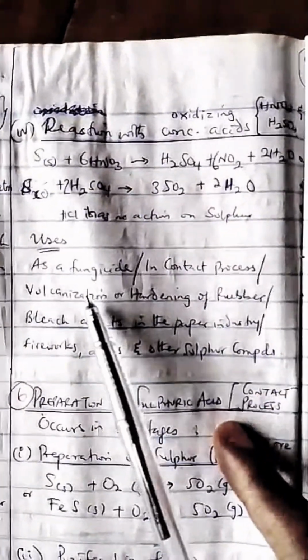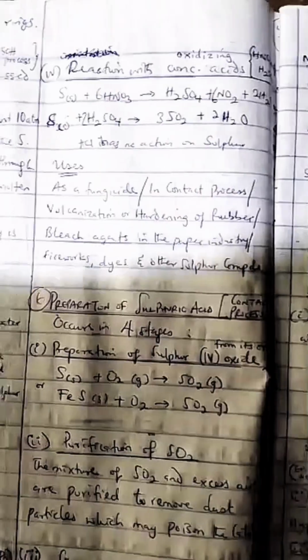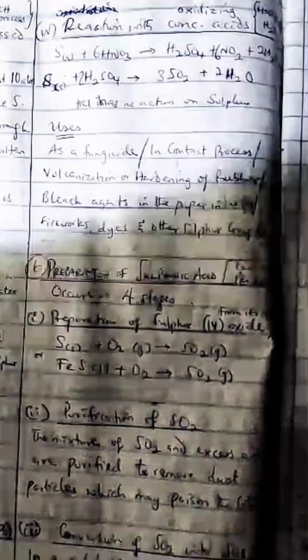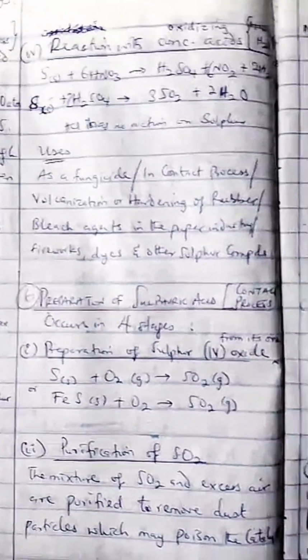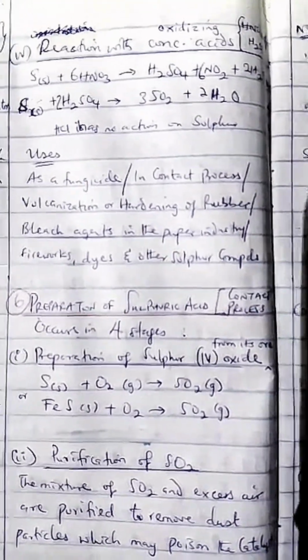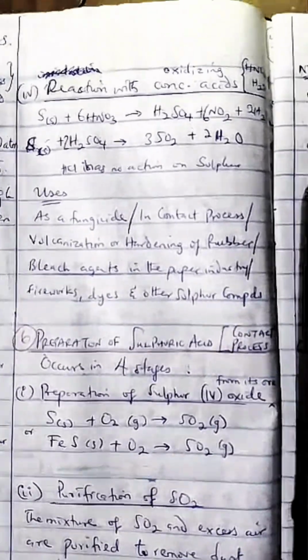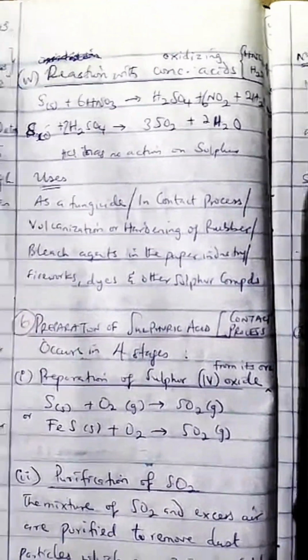Uses of sulfur include as a fungicide, and in the contact process. The contact process is the name for how sulfuric acid is prepared. We'll look at the contact process shortly.